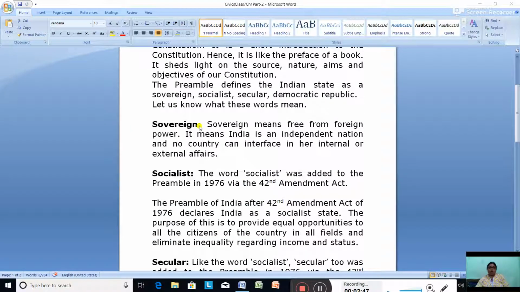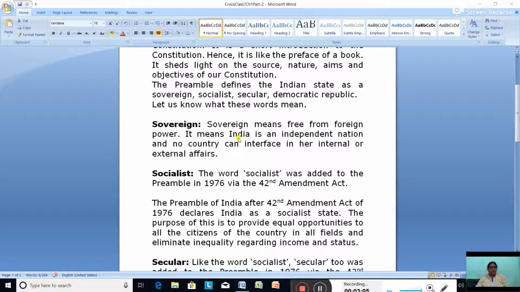Now, the meaning of sovereign. India is a sovereign country. It means we are free from foreign power. We were under the British rule, and now we are free from it. No foreign power is ruling over India.